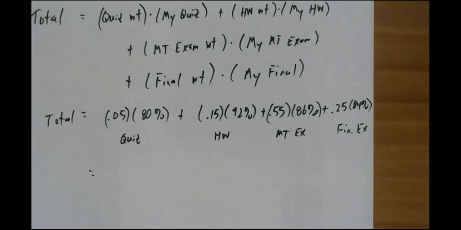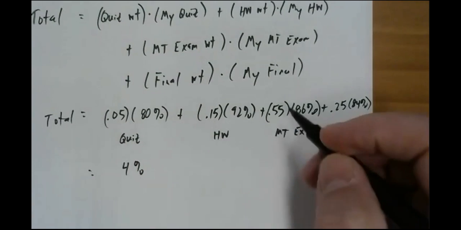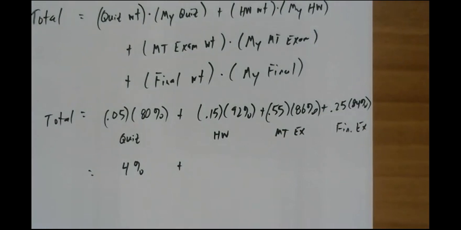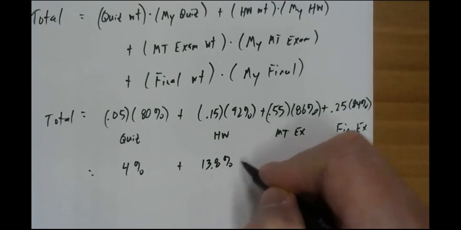So 0.05 times 80 equals 4%. 0.15 times 92 is 13.8%.